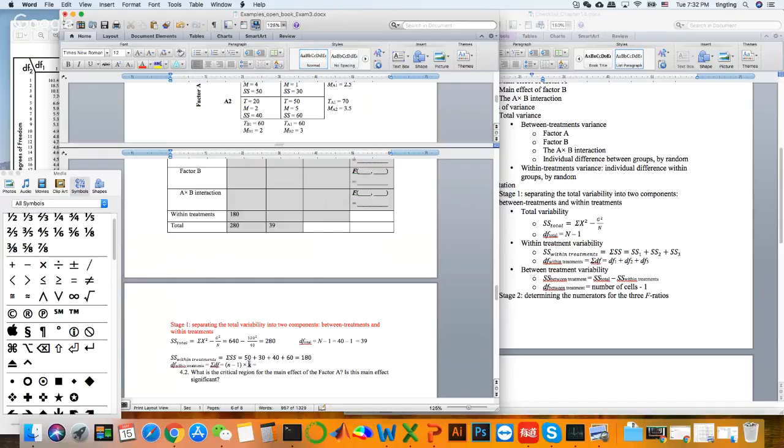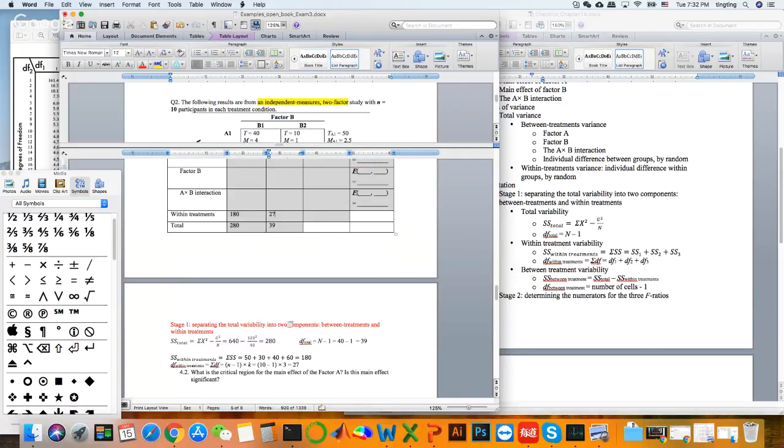So n, in each condition, we have 10 subjects. K is the number of conditions, which is 4, so it's 36 here.